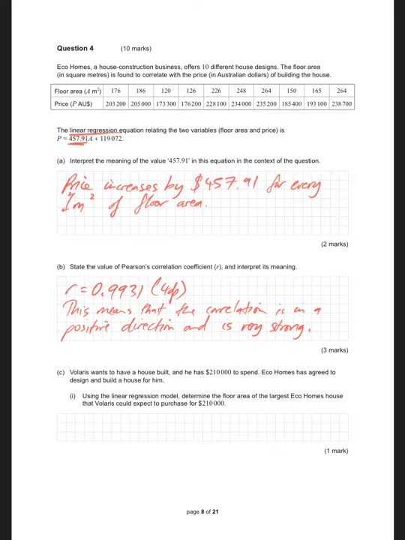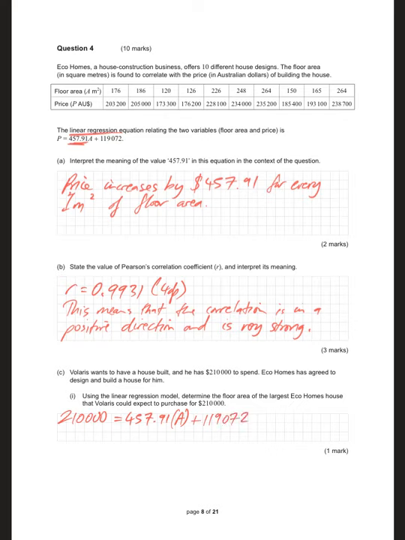Valaris wants to have a house built and he has $210,000 to spend. Use the linear regression model to determine the floor area of the largest EcoHomes house that Valaris could expect to purchase for 210 grand. So the price, 210,000, is equal to 457.91 times the area, which we don't know, plus 119072.